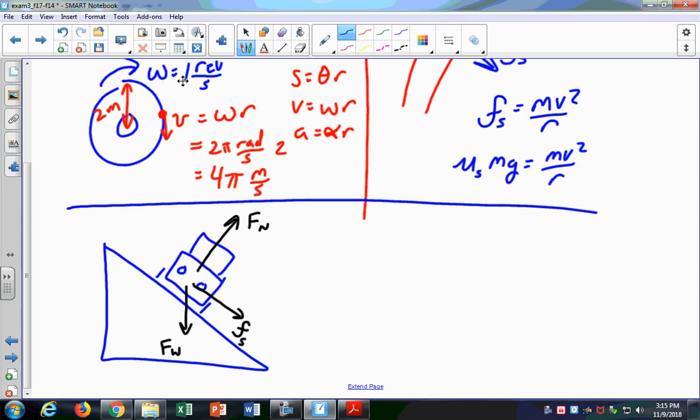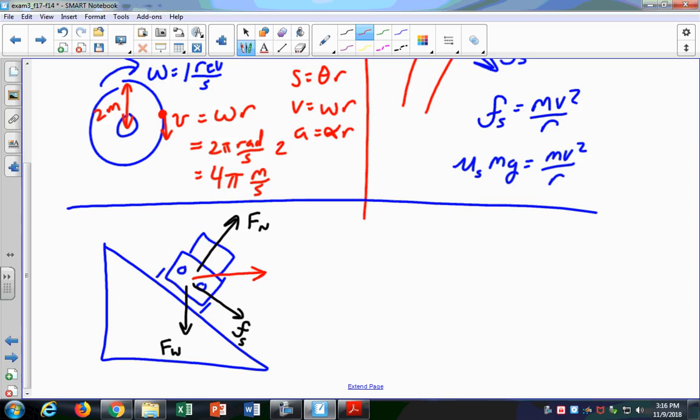Close, but not the weight, because notice the weight is entirely vertical. The weight is only acting in this direction, but my centripetal force is going to act in this direction. What force or forces make up that centripetal force?